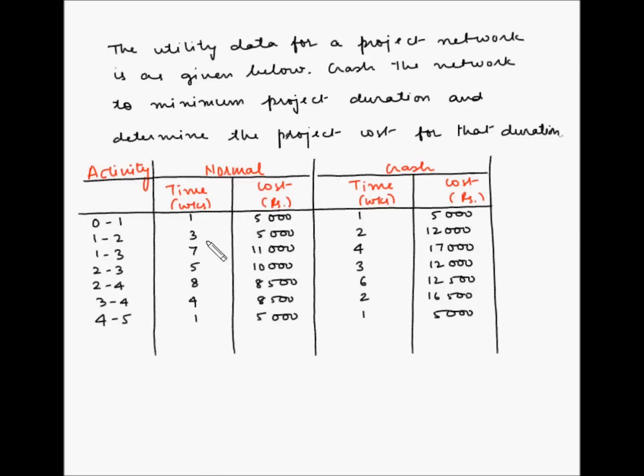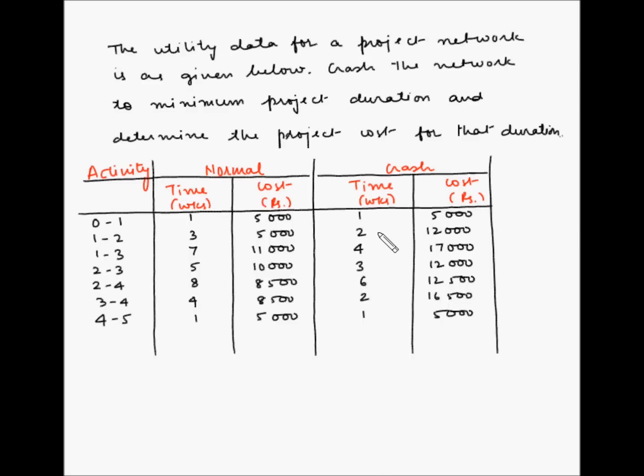For activity 1-2, the crash cost is 12,000 rupees, while the normal cost is 5,000 rupees. So here we are reducing the time for activity 1-2 by 1 week, and there is an additional cost of 7,000 rupees. Similarly, we have been given the crash cost for each of these activities.